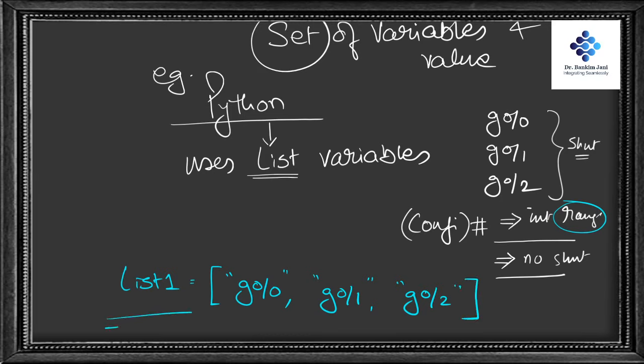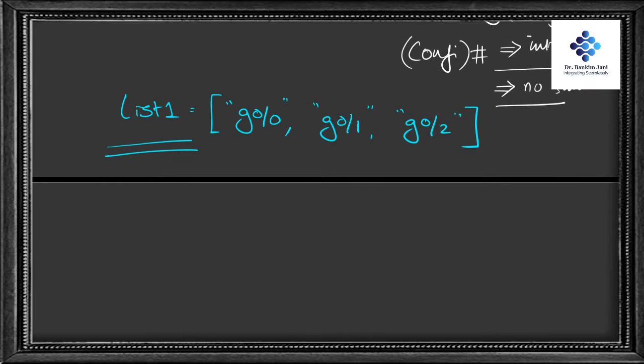So this is what is called a list. In Java, this thing is called an array. It is just a matter of what you call it: in Python it is called a list, and in Java it is called an array.